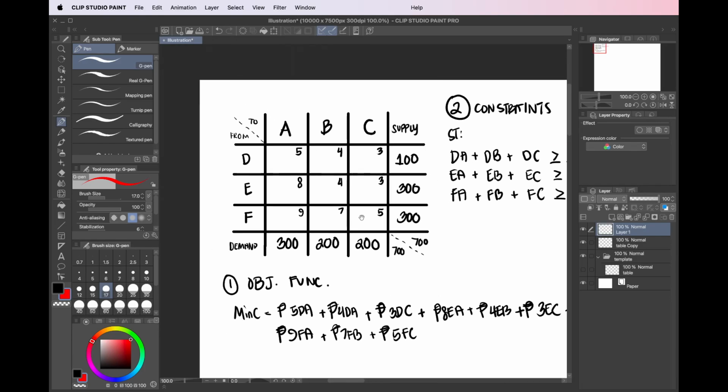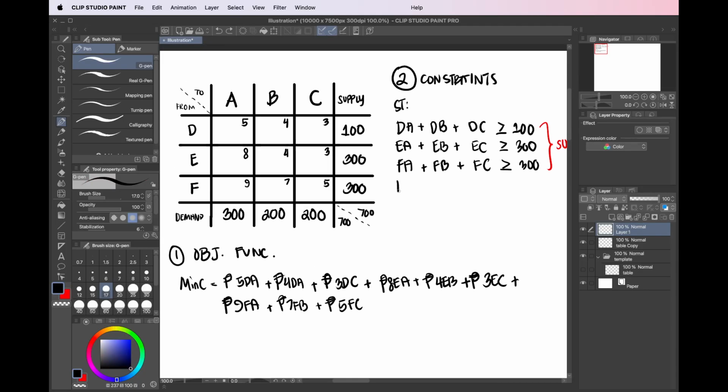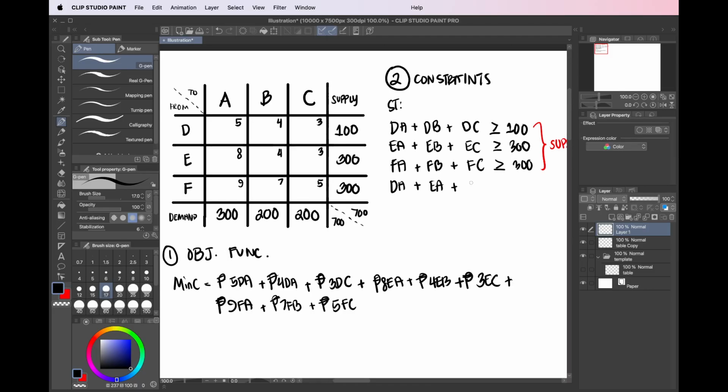Now we're gonna do it by column in order to fulfill the constraints for the demand as well. So how we do it would be DA, EA, FA. So DA plus EA plus FA is greater than or equal to 300, because in this column the demand would be 300.